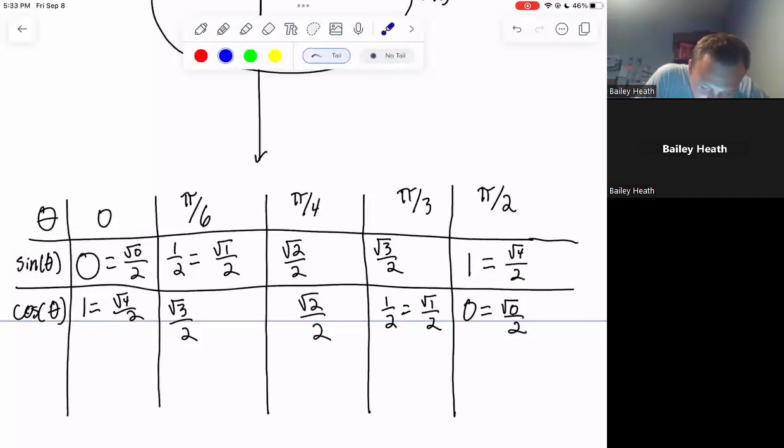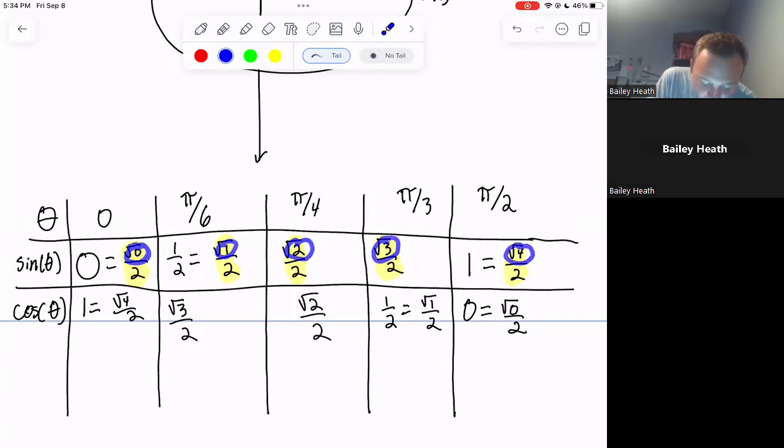At this point, I want us to finally take a look at the silly looking things that I've written here. Okay, let's start in the top row. I was showing this to a student the other day, and she just lit up when she saw it. Notice that these guys are all very similar. All that's happening is the thing under the radical on top is going up by 1 each time.